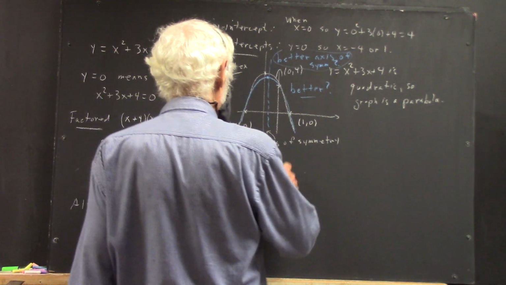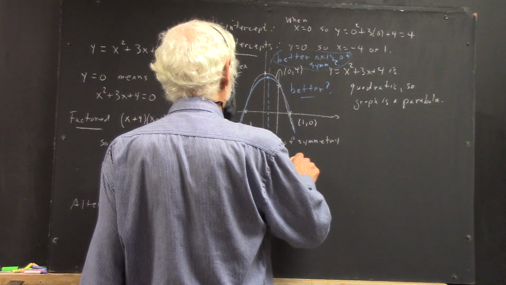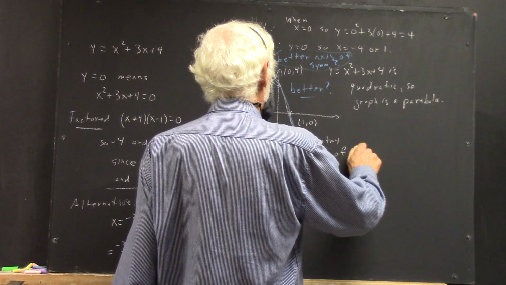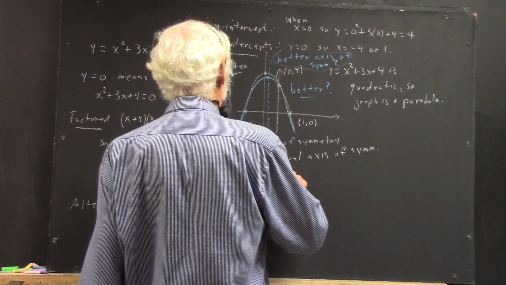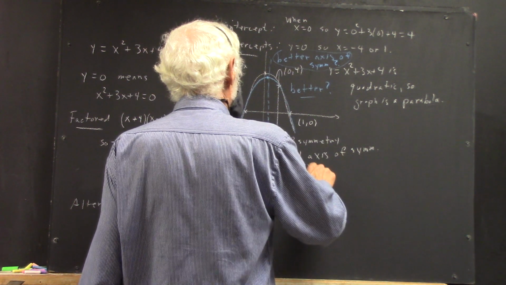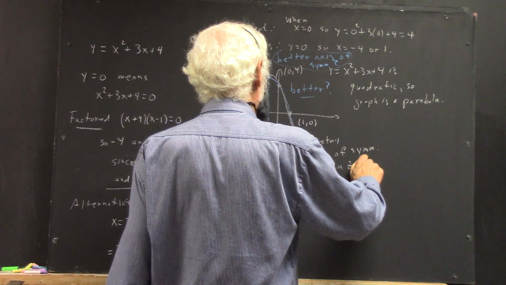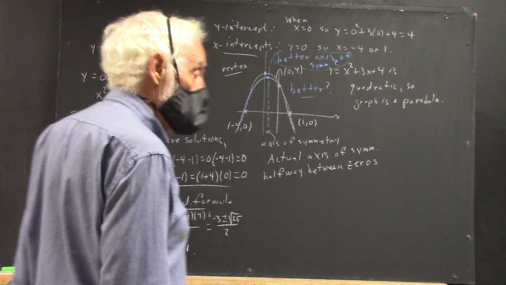Okay, well, as we've seen, the actual axis of symmetry is halfway between the zeros.